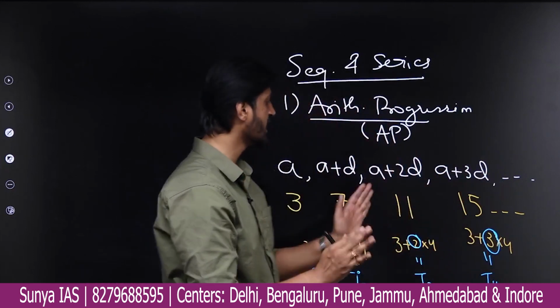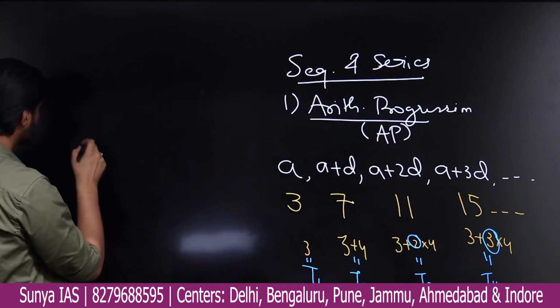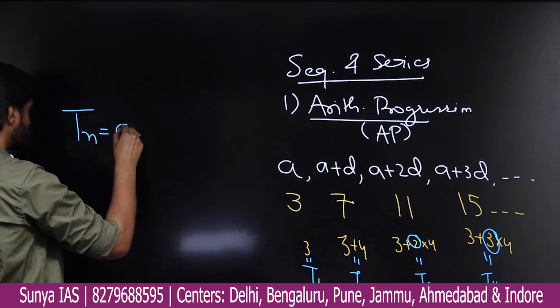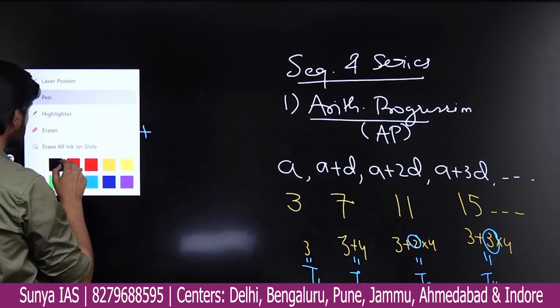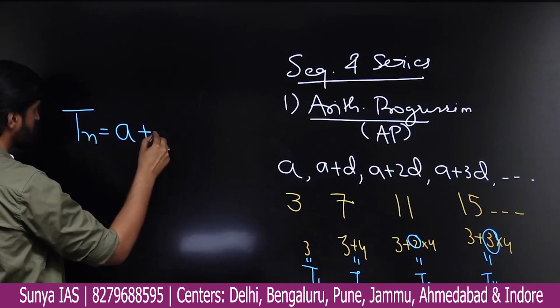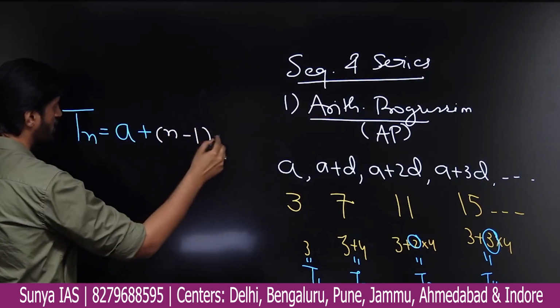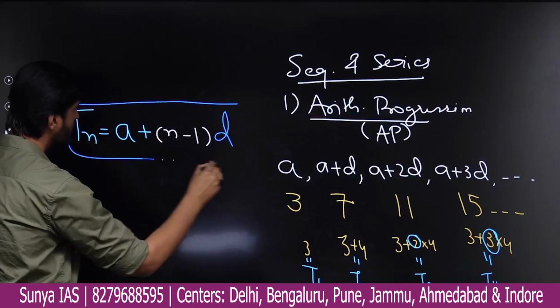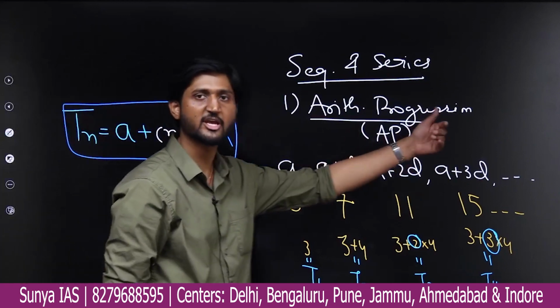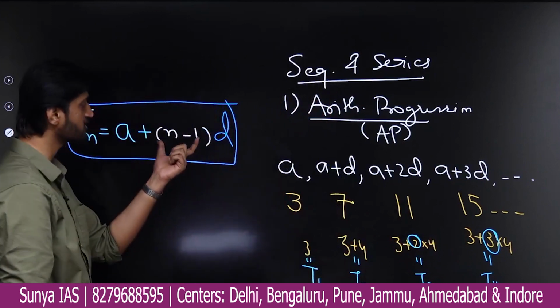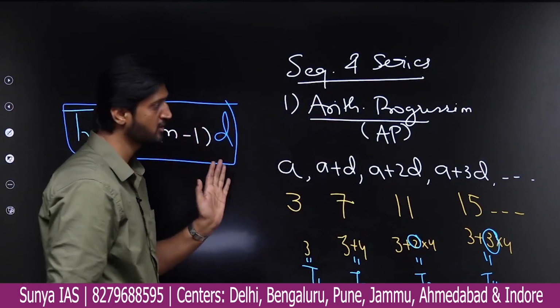So if someone asks you what is the value of Tn, that will be simply the first term plus one less, that is instead of n there will be n minus 1, multiplied by the common difference. Okay, that is the nth term of an AP. Any random term of an arithmetic progression you can find out by just knowing the concept one less.